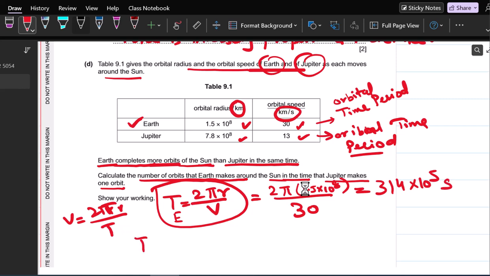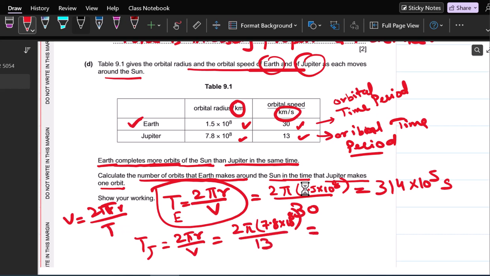The same we will do for Jupiter: 2 pi r divided by orbital speed. So 2 pi, radius is 7.8 times 10 power 8, divided by 13.